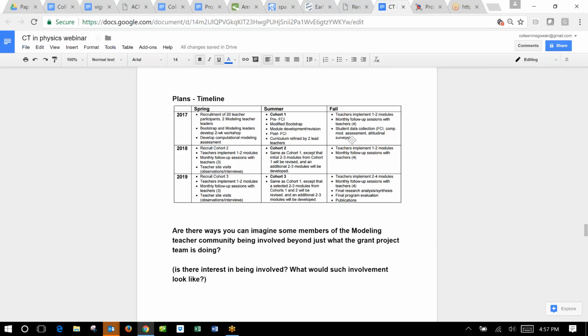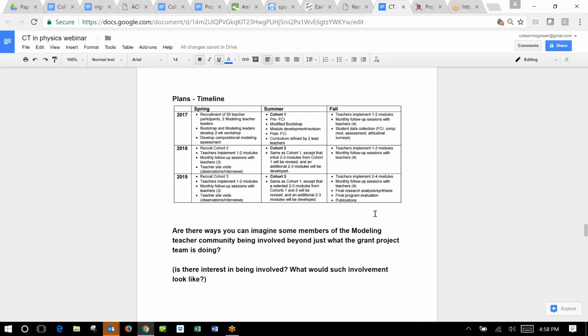We have surveys that we do with both students and teachers all 3 years. And then in the third year, it's not going to be a beta workshop anymore. It's going to be a gamma workshop, but it's going to be a nearly great workshop.